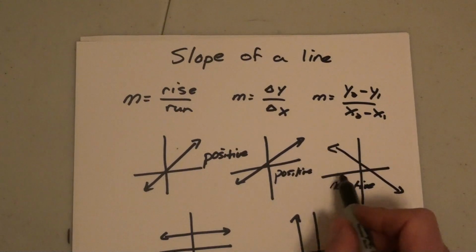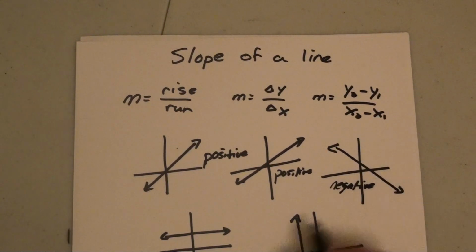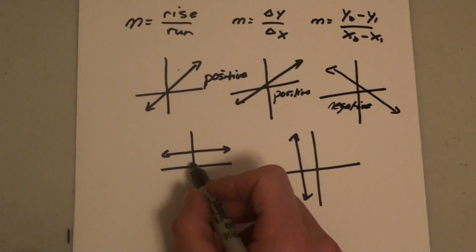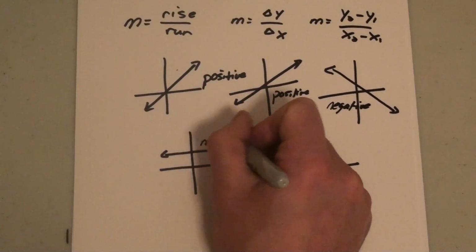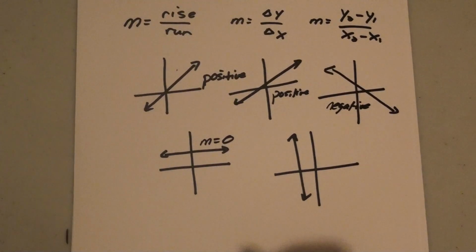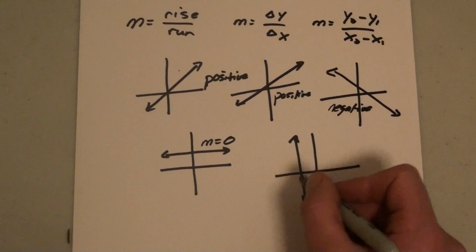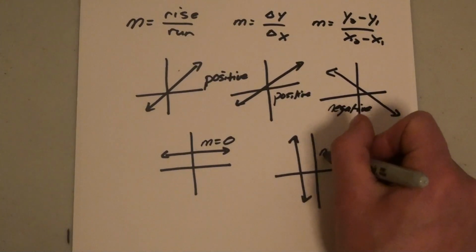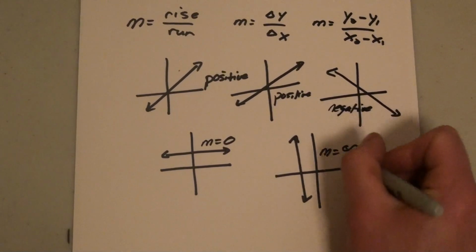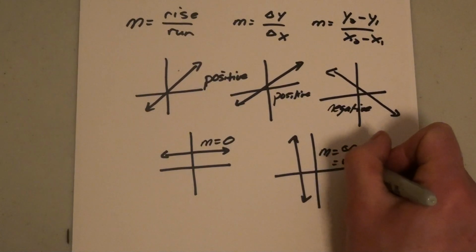It's going down as you look from left to right. This one is going straight across. It's flat, so my slope is actually going to be 0 for that one. Whereas the fifth one here is going straight up and down. Your slope is going to be equal to infinity or undefined.